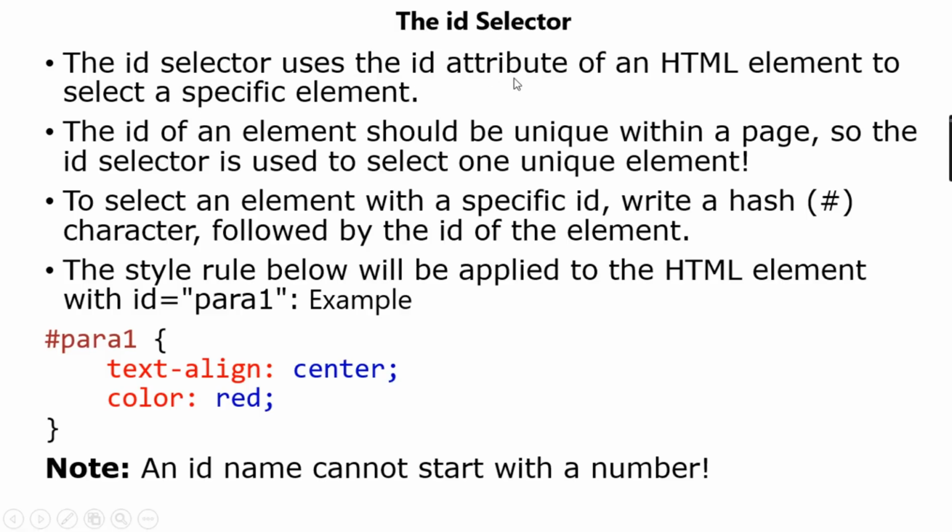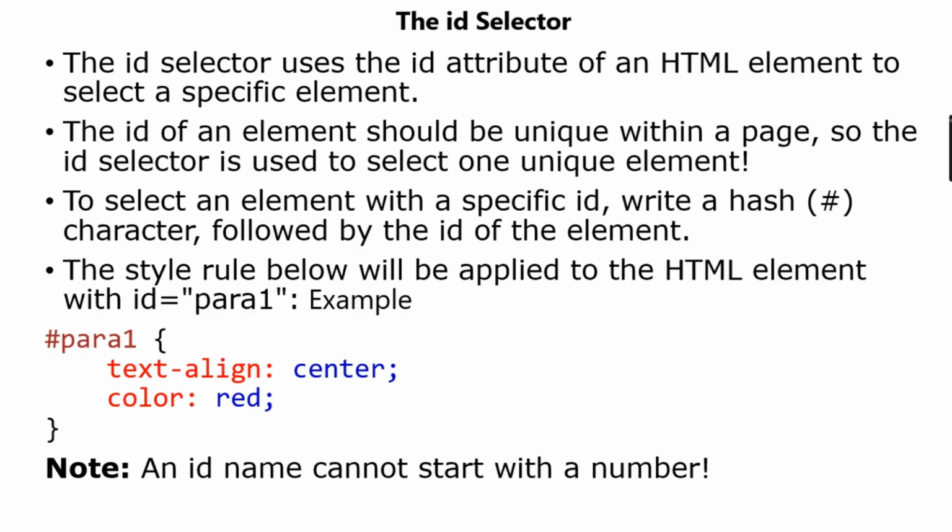uses the ID attribute of an HTML element to select a specific element. I'm going to show you how it works. The ID of an element should be unique within a page so that the ID selector is used to select one unique element. Are you getting it?